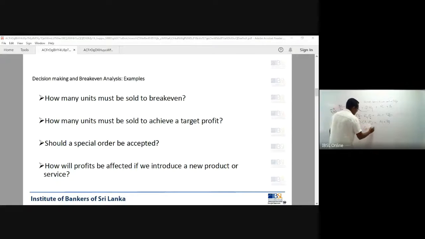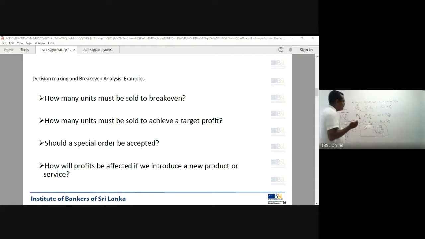Quantity equals fixed cost plus profit divided by, you take down, price minus variable cost per unit. You can bring the business formula like this, right?